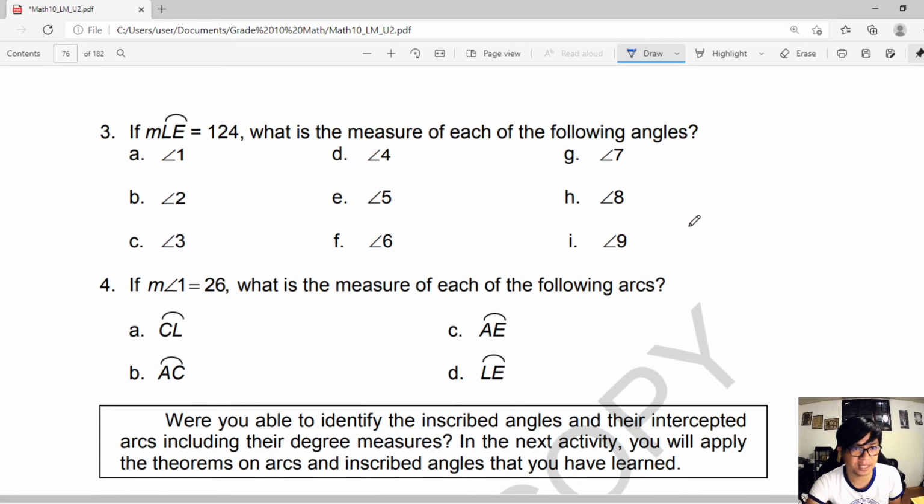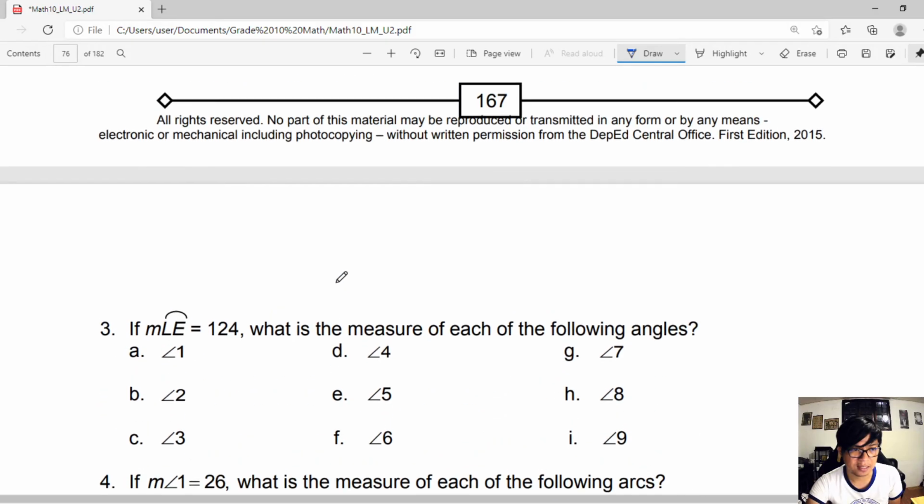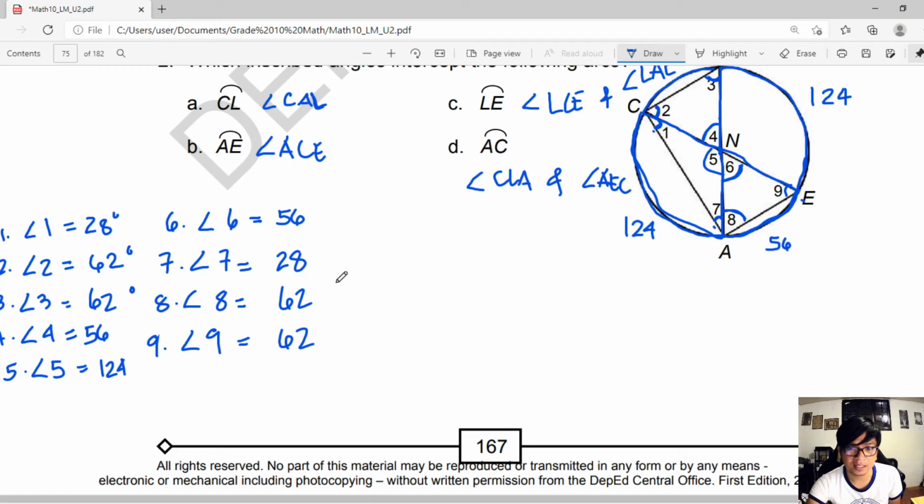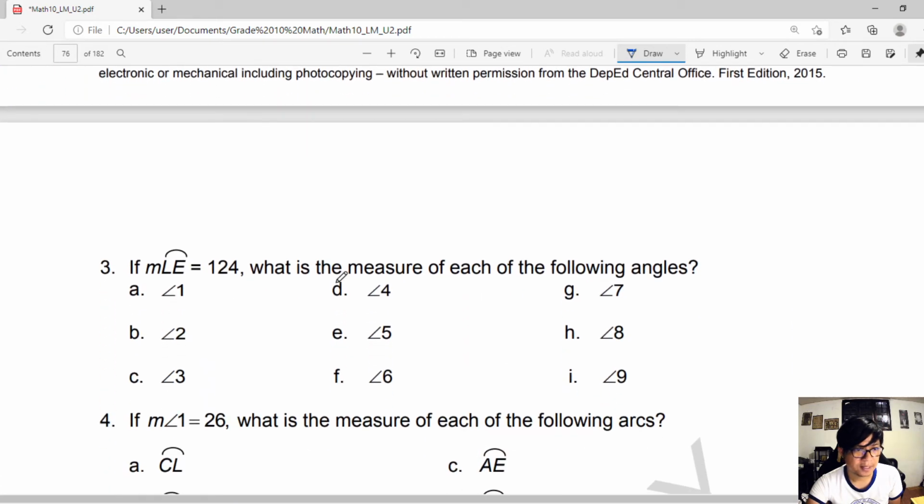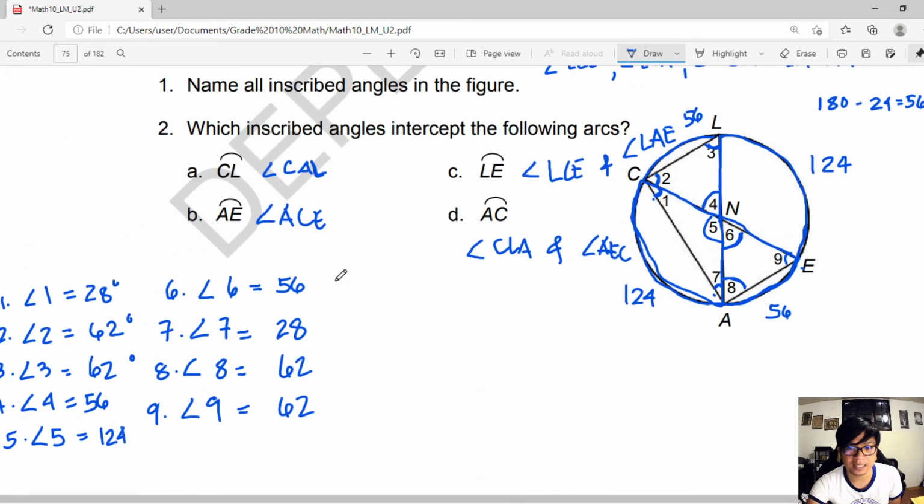Meron pa. Tapos na tayo dito. Ito. If the measure of angle 1 is 26, what is the measure of each of the following arcs? CL, AC, AE, LE.